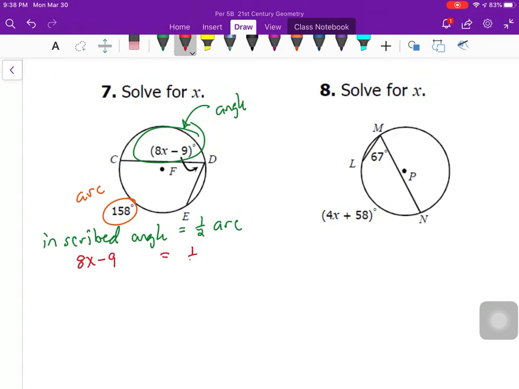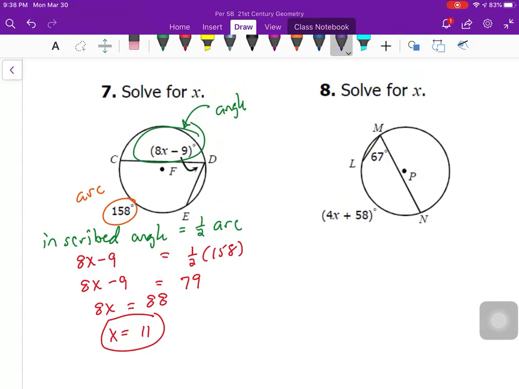That means for my equation, I have 8x minus 9 equals half of 158. Now half of 158 is 79. So 8x minus 9 equals 79. Add 9 to both sides. 8x equals 88. X would equal 11.